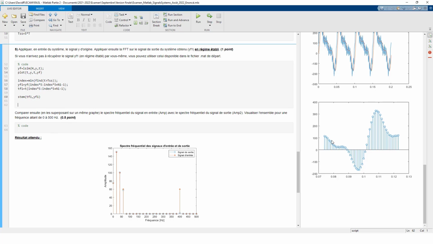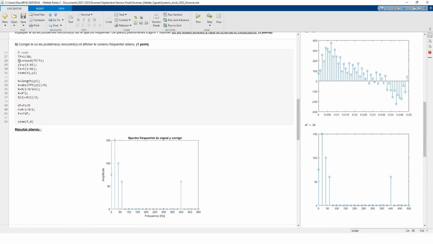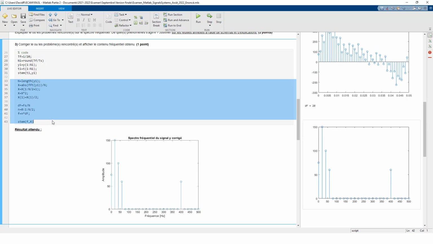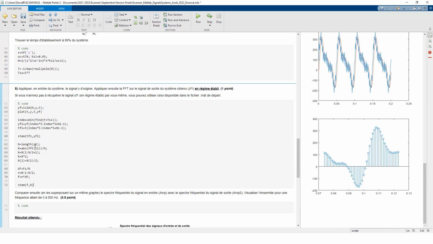Ok, donc maintenant que les données sont préparées pour pouvoir appliquer la FFT, on va simplement pouvoir aller récupérer notre code qui appliquait la FFT ici, et venir l'appliquer sur notre signal YF1 cette fois-ci.